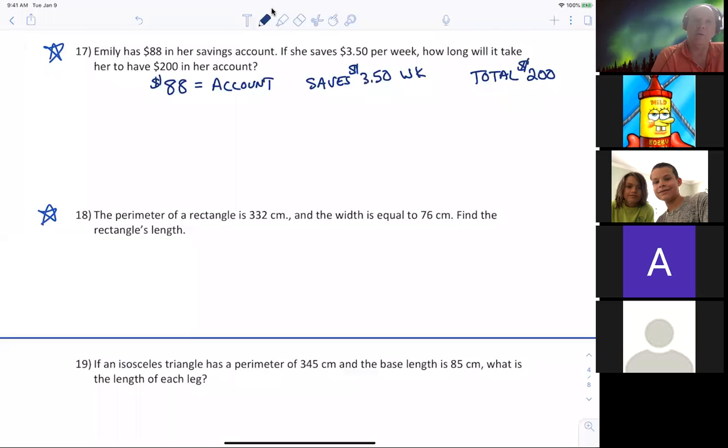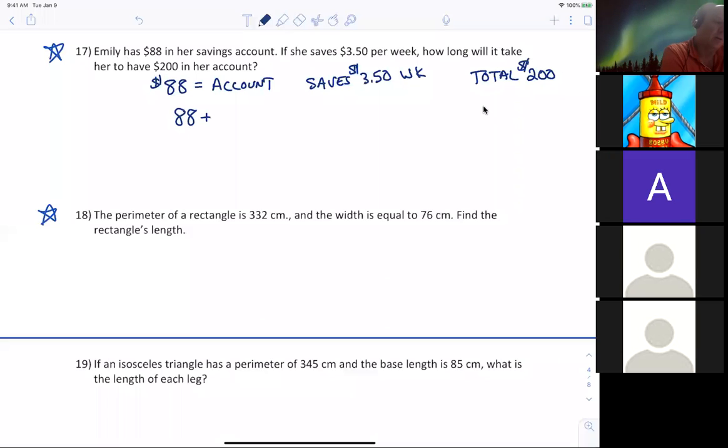Right now, I have $88 in my account. I'm going to add $350 every week until I get $200.